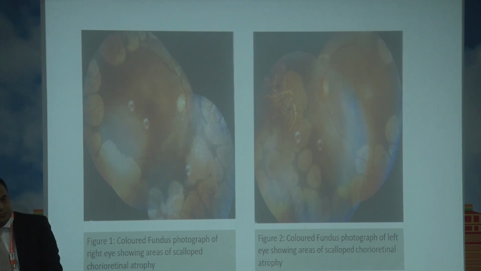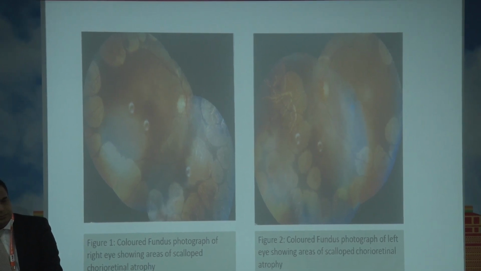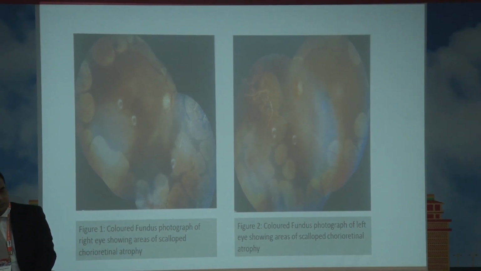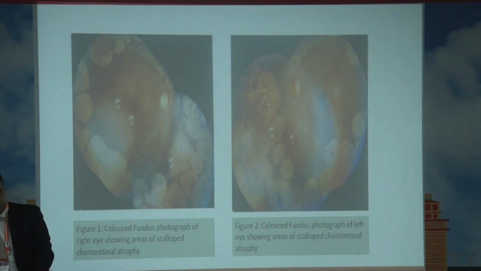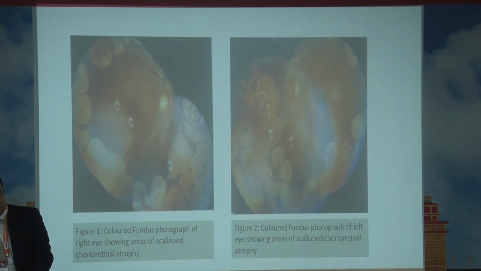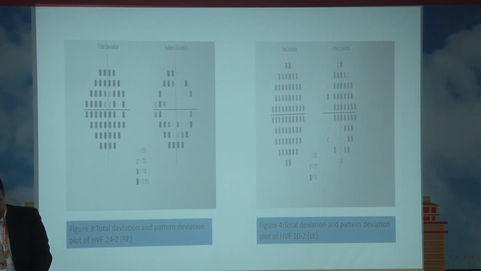The dilated fundus examination showed sharply demarcated areas of choroid and retinal atrophy in both eyes, sparing the macula with thin areas of pigment between those atrophic areas. Now, she was advised a Humphrey visual field 24-2 in both eyes, which showed constricted visual fields.